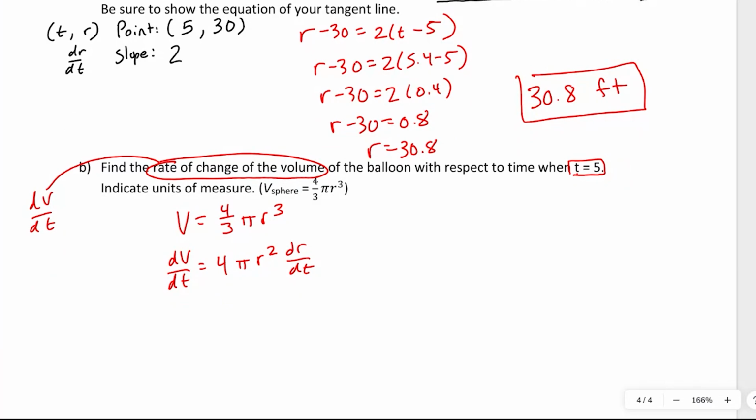We're searching for the rate of change of the volume, so that's already isolated. We just need to plug in everything that we know. We know the radius at t equals 5. It's the same problem, right? So the radius is 30. So 4 times pi times 30 squared times the rate of change at that time, which we already established up here was 2.